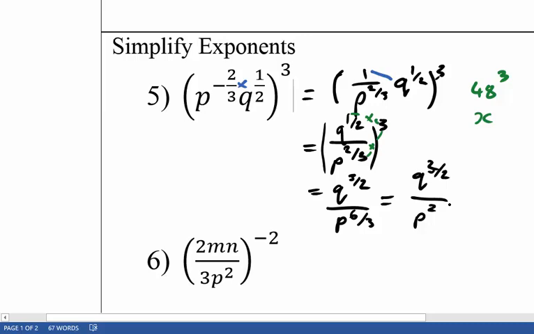Now that's actually your answer there, but just as an aside, I'm going to make sure that you understand turning that into a surd if I really wanted to. By a surd I just mean a square root thing. So if you wanted to, you could go q, and it would be q cubed, and then it will be the square root.